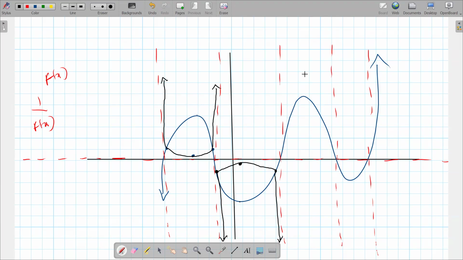And you see the pattern, right? Here it's going to be like this. Here it's going to be like this. Here it's going to be, again, the 1 stays where it is. This point is a very large y value. It's going to become a very small y value because we're doing 1 over it.